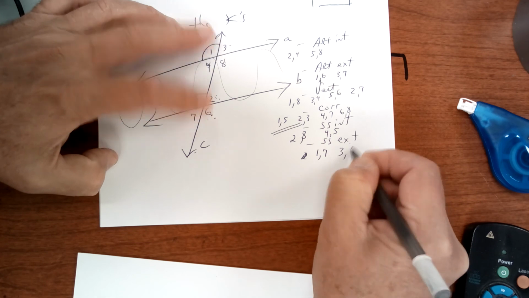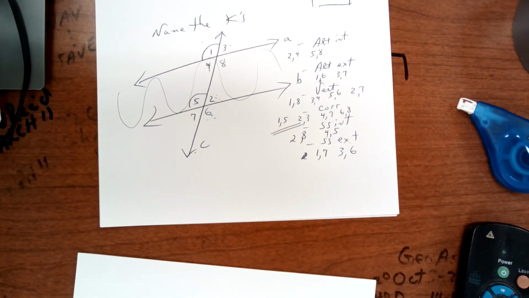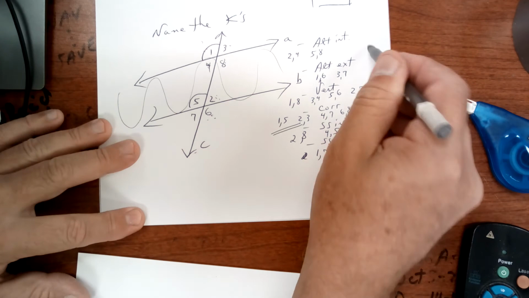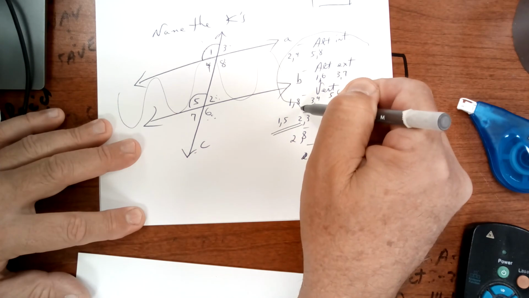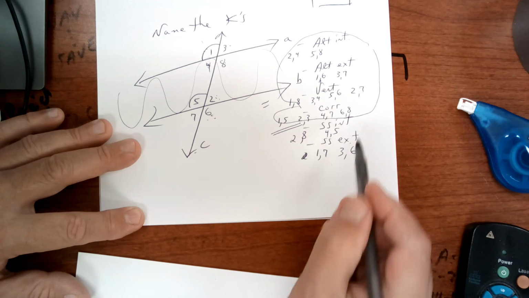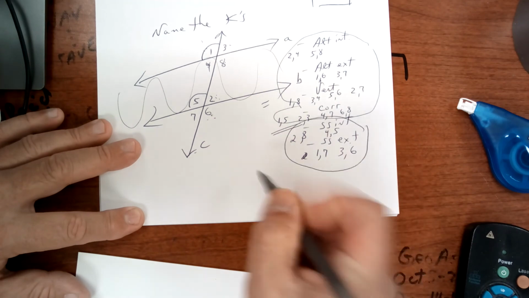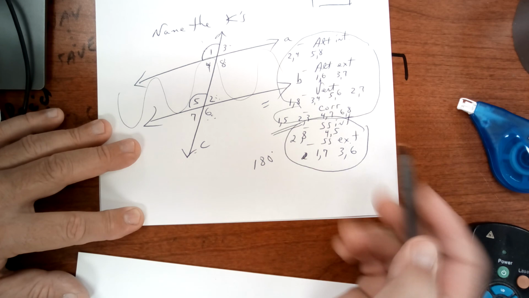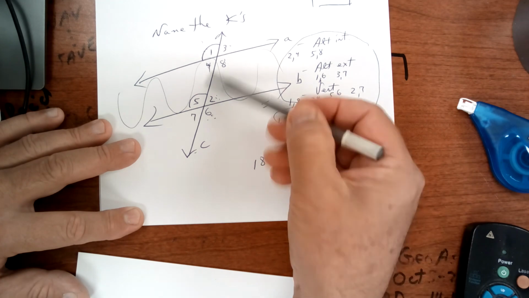Now remember, if the lines are parallel, all of these are equal. If the lines are parallel, these add up to 180. So if it says SS, it has to add up to 180. So these two are not equal, but they add up to 180.